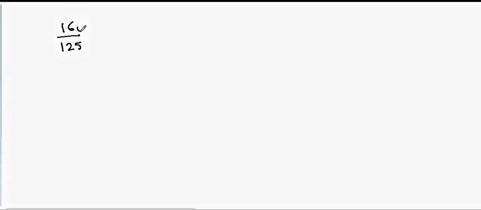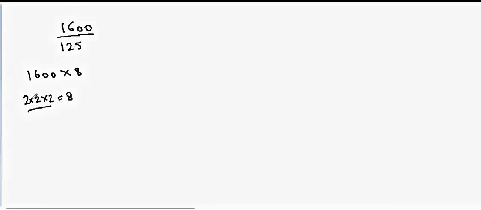Let me put two zeros here so that it's simpler, and I want to divide by 125. So I'll multiply 1600 by 8. Instead of 4, I multiply by 8 this time, because 2 into 2 into 2 is equal to 8.